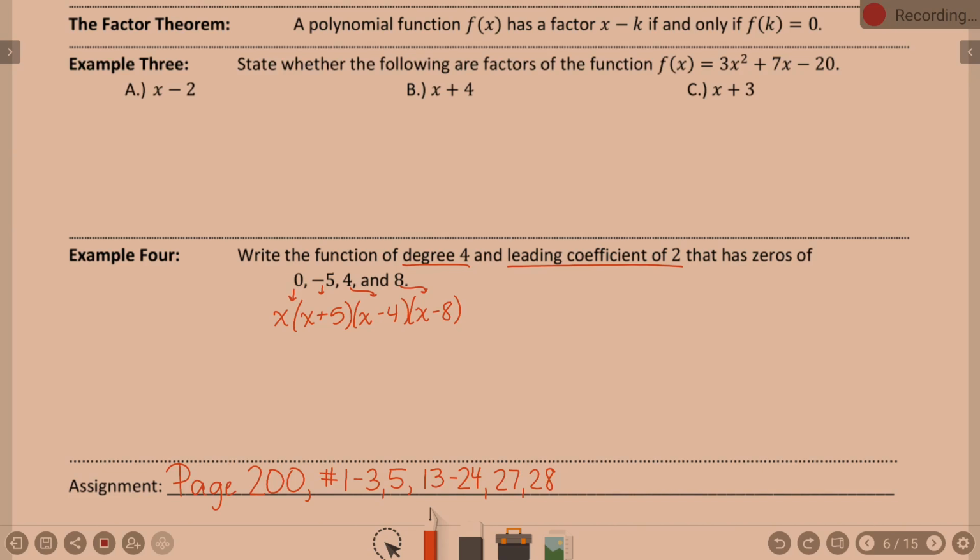And a leading coefficient of 2 just means 2 times x, which is 2x. So this homework will be due Monday. That's your answer. Now, remind me tomorrow to start off by multiplying it out. We'll do that in the other part of the notes tomorrow.